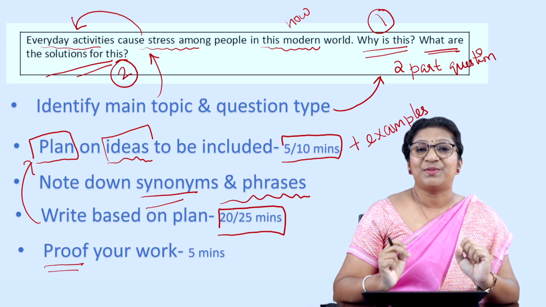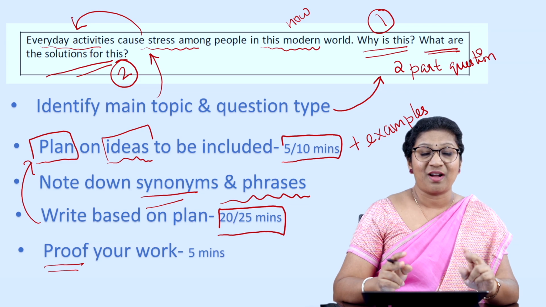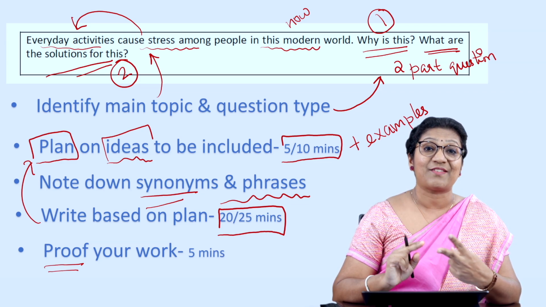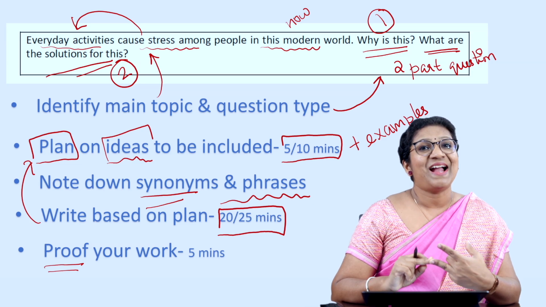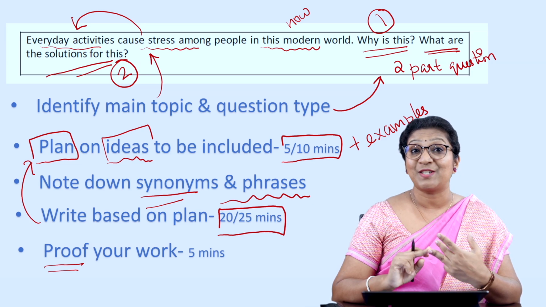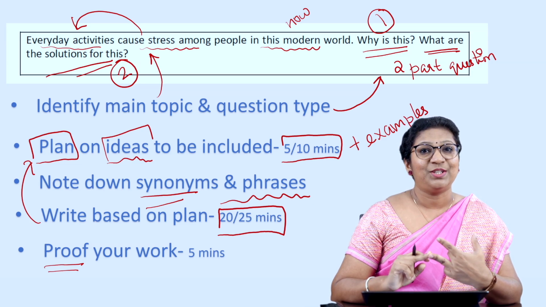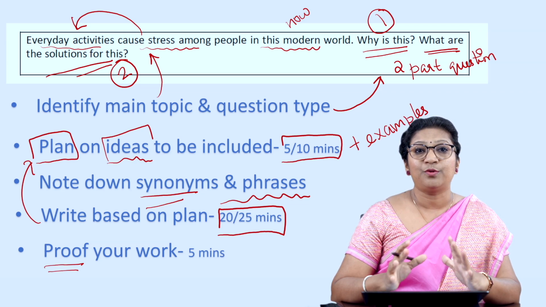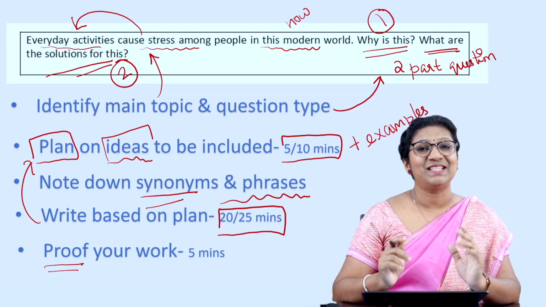So, reading through your answers to ensure that you have included all the relevant points, the right spellings, the right grammatical structure, and to ensure that you have correctly responded to the question, utilize a minimum of 5 minutes to proof your writing and make the relevant corrections.